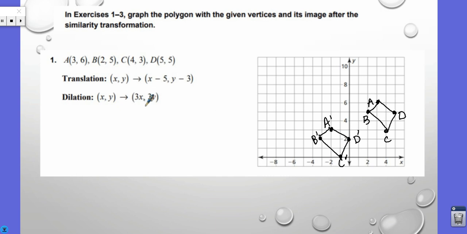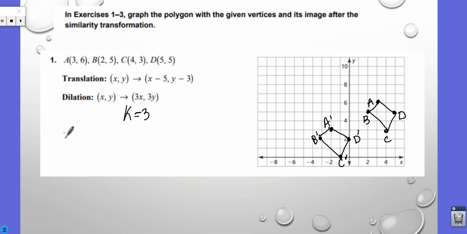And then it tells me to multiply each point by 3. So what this is saying is this is the scale factor. So here K is equal to 3. There are a couple of ways you can approach this. Well, let's just take it for what it is. Since it didn't tell us a center of dilation, I'm just going to go ahead and use the points that they gave me.